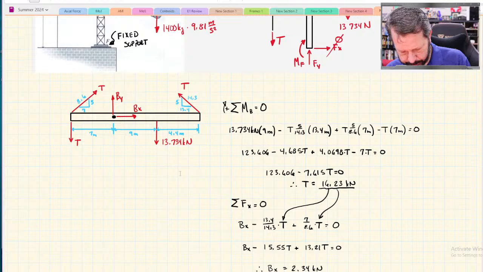That one's fine. That one should be fine. That one's just times 7. Let me make sure I actually put the right numbers in. Yeah. Okay. Yeah, that seems all right.